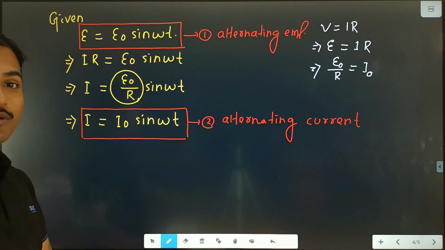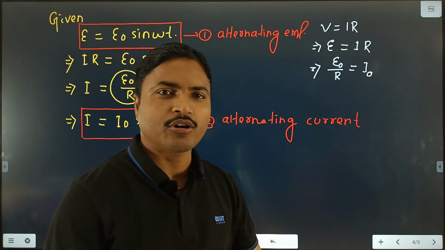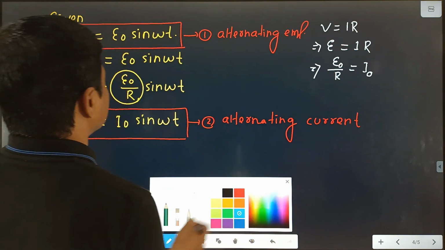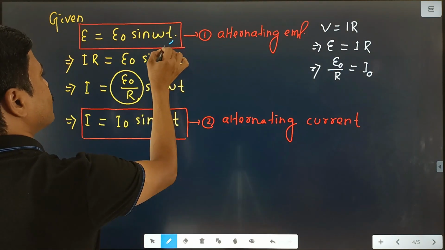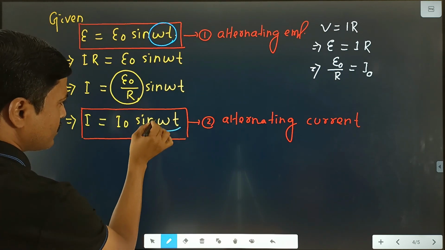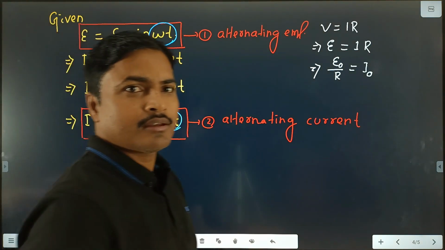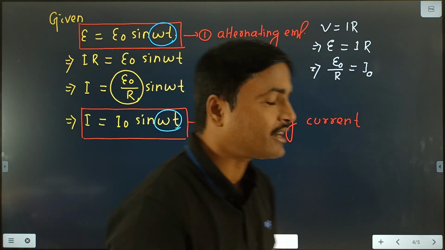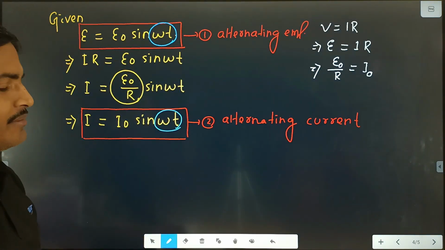Now we compare equation 1 and 2. If we compare equation 1 and 2, look at the equation. In equation 1 phase is omega t. In equation 2 here also phase is omega t. That means both alternating EMF and alternating current are in the same phase.